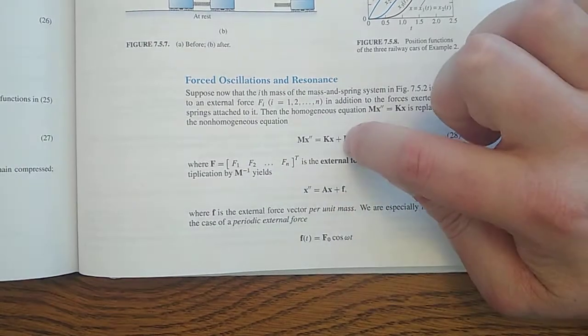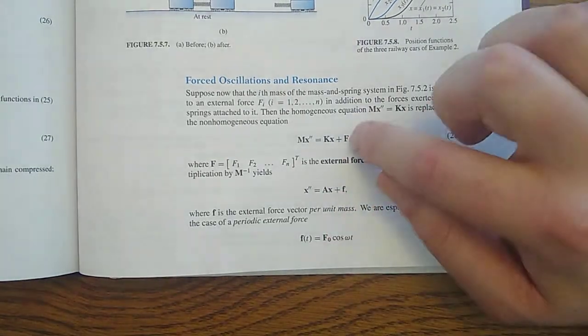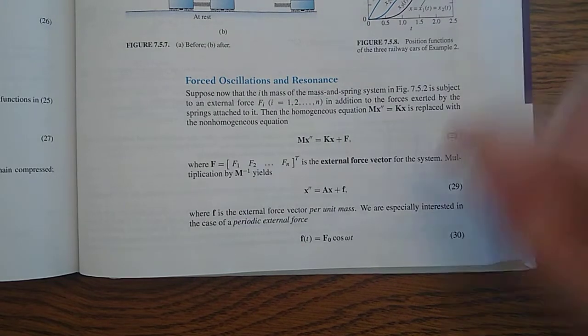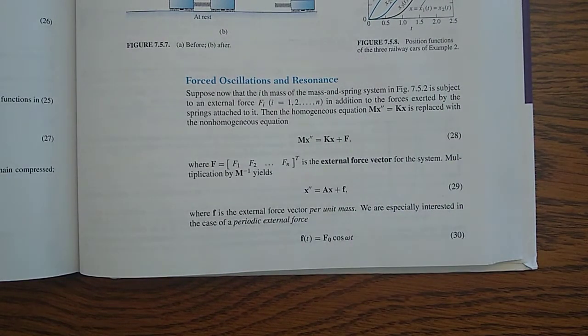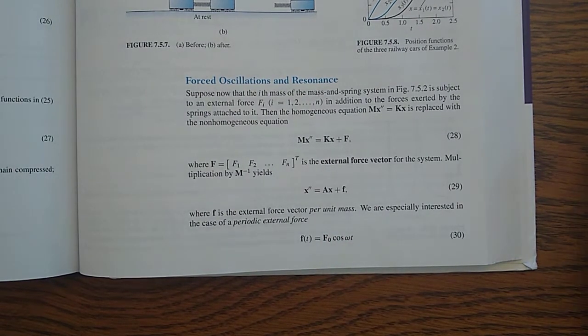This big F naught doesn't really have anything to do with this. Well, I shouldn't say they have nothing to do with each other, but the relationship is not simple. Big F is just a constant vector times this cosine. So it's like a periodic force that we're exerting.